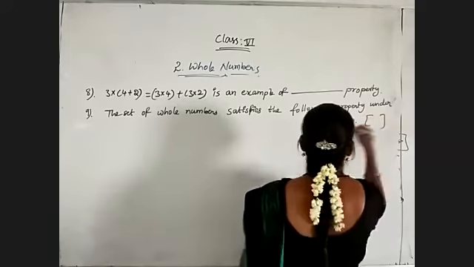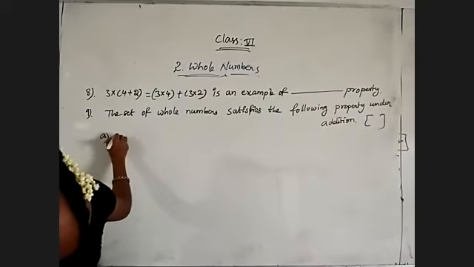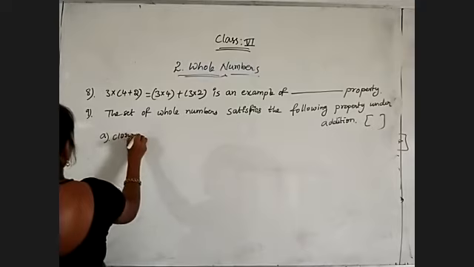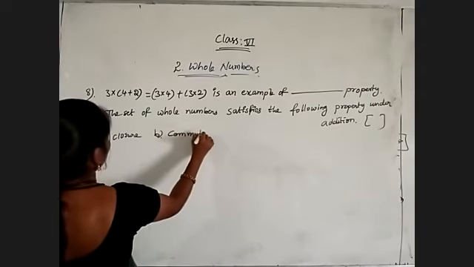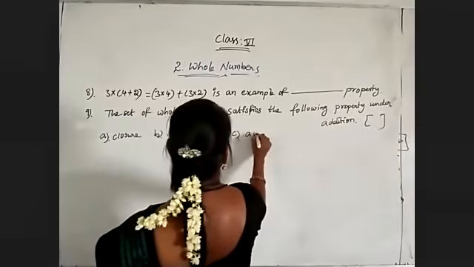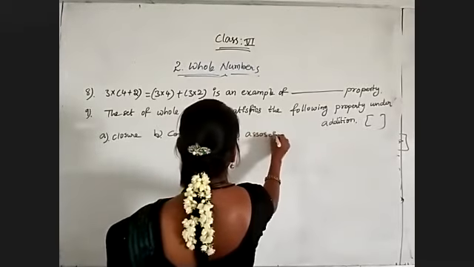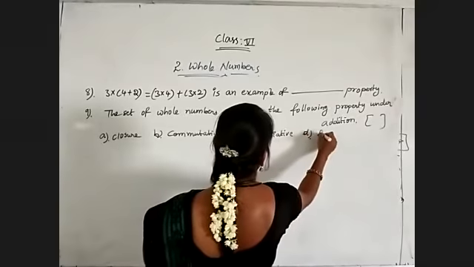So here I am giving the options also. My first option is closure property, second one commutative, and third one associative, fourth one all.